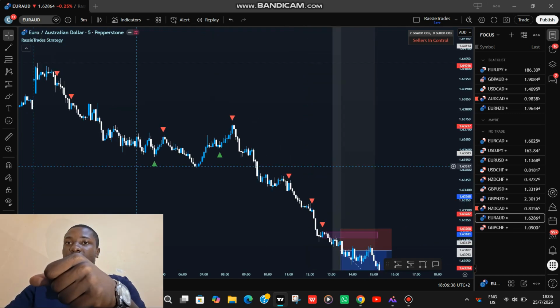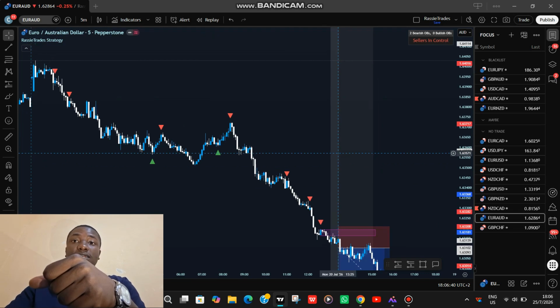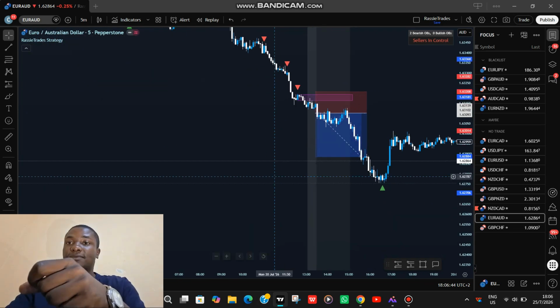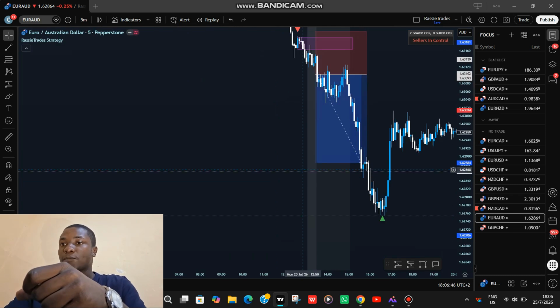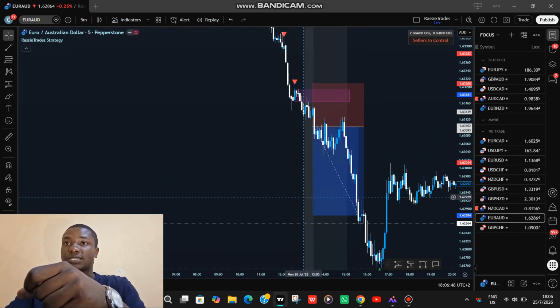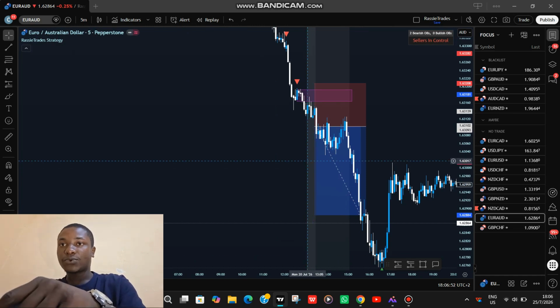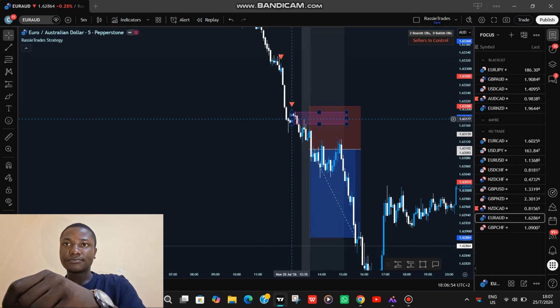So I saw there were more sellers than buyers in the overall market. Therefore, when my kill zone started, which is at 13 right here, which is a 13 order block, I saw price coming down and tapping into it.